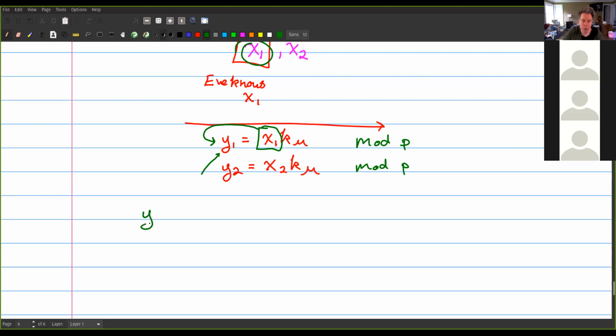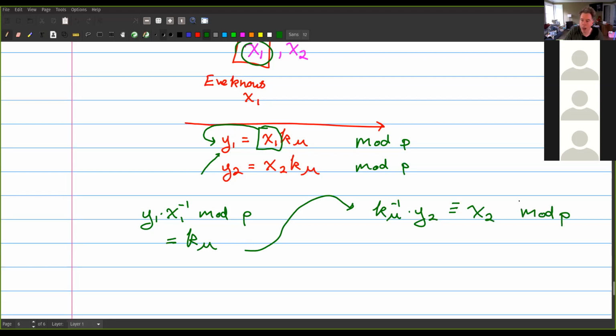So she can do Y1 times X1 inverse mod P, and this turns out to be exactly equal to KM. And once she knows KM, she can do KM inverse times Y2, and that will just be equal to X2 mod P.